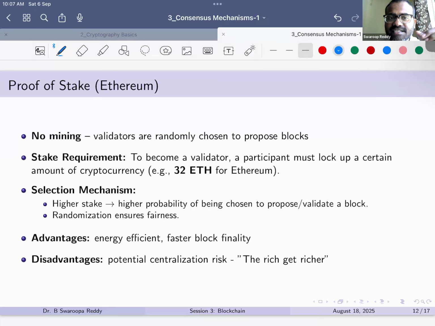If, for example, out of 10,000 you have 100 nodes, then you will get a probability of 100 by 10,000, right? If you have only one stake, only one 32 ETH deposited, your probability of becoming a leader, or a block proposer, will be 1 by 10,000. The probability is less. So whenever you increase your stake, your probability of becoming a new block producer is very high.